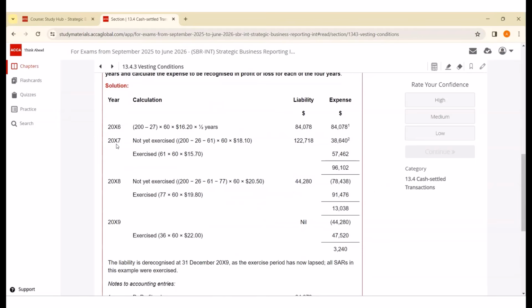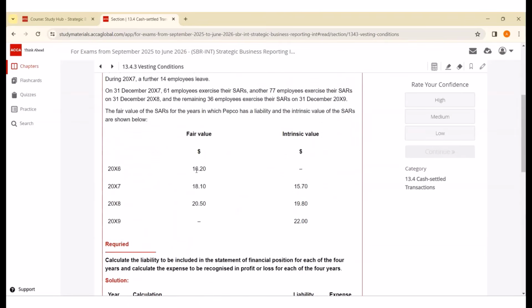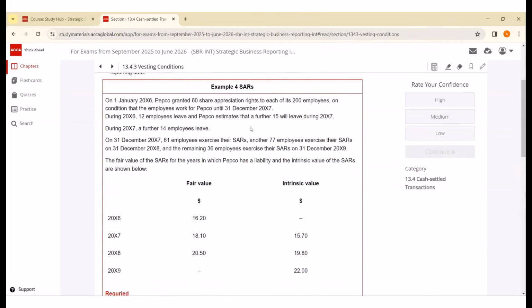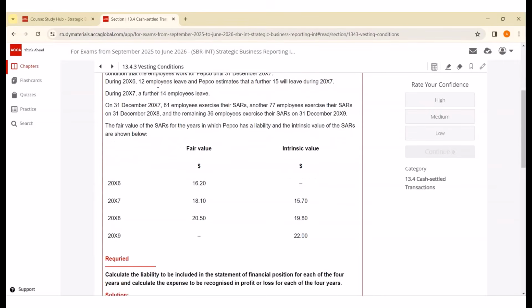Then at the end of 20X7, we are talking about 200 number of SARs. Out of this, when we talk about the estimation, we have the estimate that 12 employees leave and a further 15 are going to leave in 20X7. This was for the first year. Here we are saying that a further 14 employees leave.